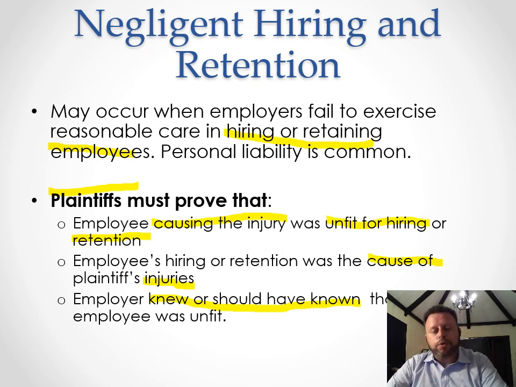Now, what if this employee was unfit? They work in the warehouse, they're always dropping boxes, they're crashing things with the truck, but I'm the owner and nobody told me. They tell the manager, and the manager deals with it. Nobody ever told me. And then you get hurt by this person who drops a box on you. You go to the hospital and you want to sue me, the owner, because I have a lot of money.